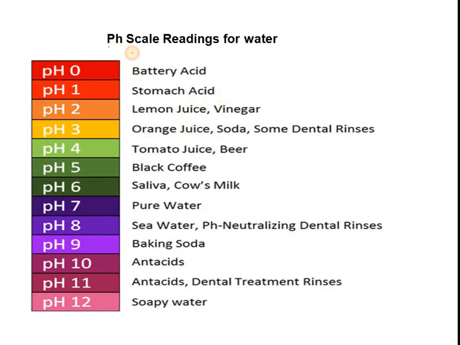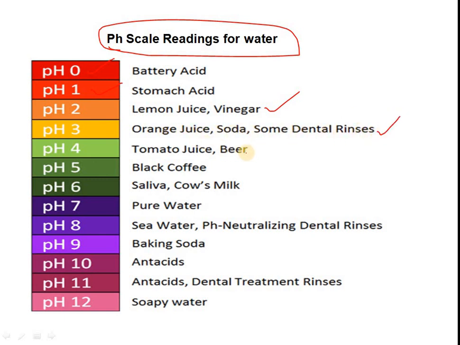And what are the pH scale readings for water? This is for everyone's reference. You can see pH 0 is battery acid, pH 1 stomach acid, pH 2 lemon juice and vinegar, pH 3 orange juice, soda, some dental rinses, pH 4 tomato juice and beer, pH 5 black coffee, pH 6 saliva or cow's milk, and pH 7 is pure water, which we are drinking.